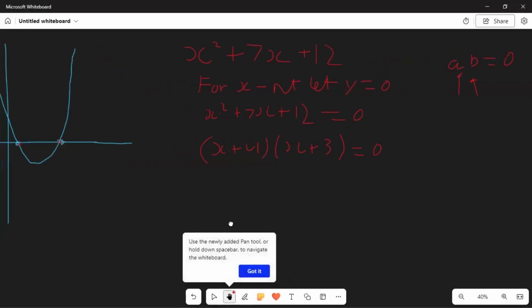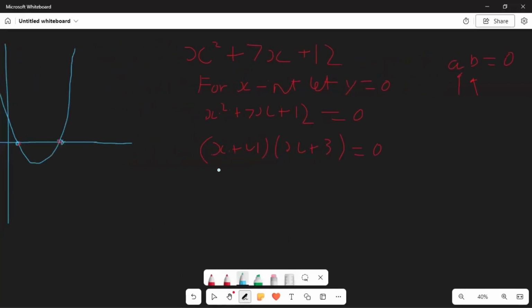So by the null factor theorem, either x plus 4 is zero or x plus 3 is zero, and we solve these separate cases. In the first case, x is minus 4. In the second case, x is minus 3. So our intercepts are negative 4 and negative 3, and we found the x-intercepts.